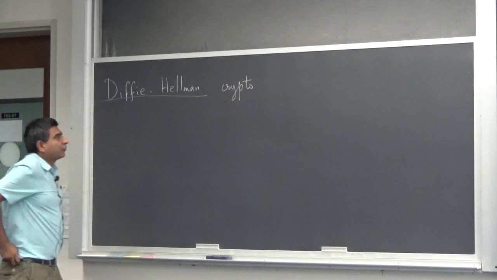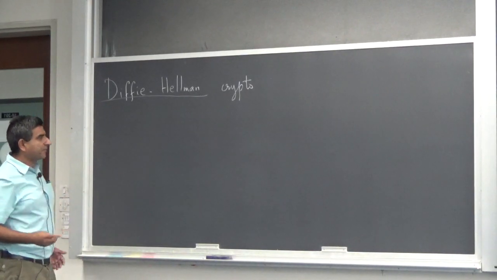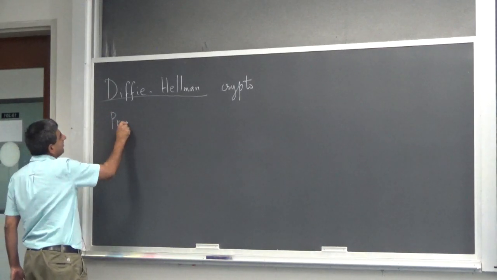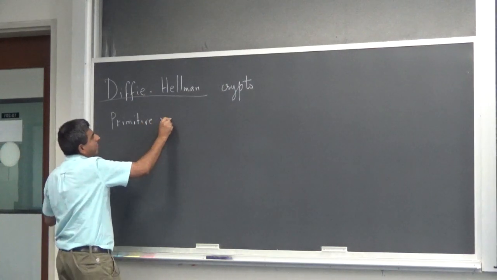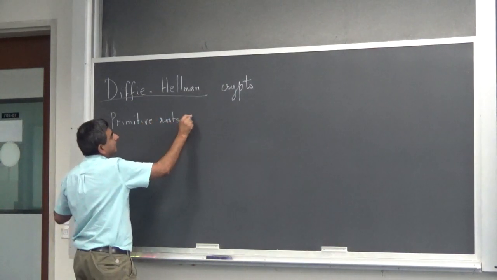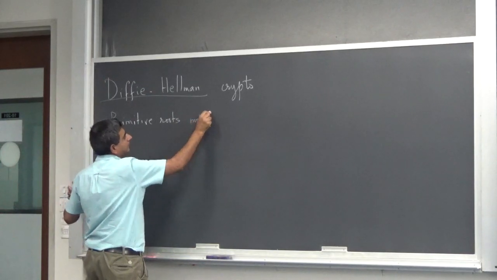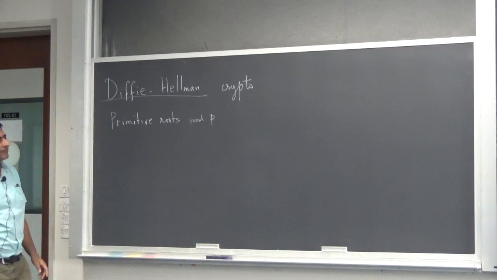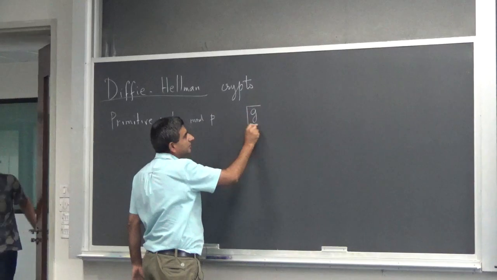But before that, a quick recap of what we looked at in the previous lecture: the primitive roots mod a prime number p. So let's redefine our primitive roots mod p, which we labeled as G in the previous lecture.